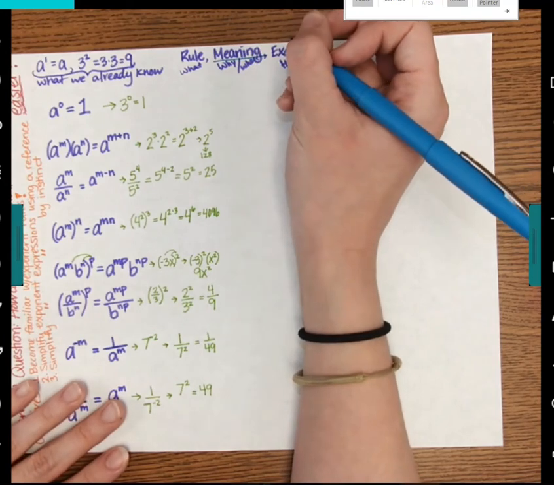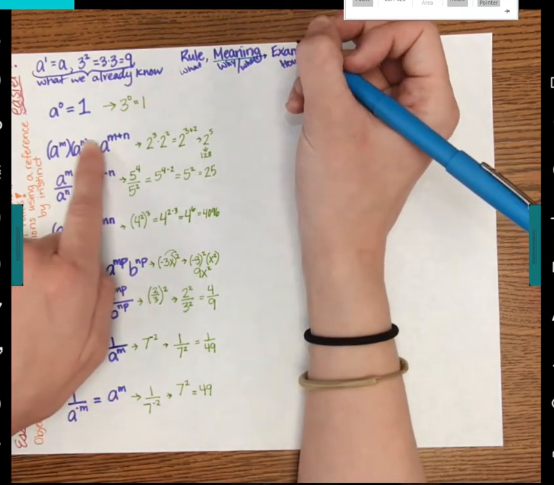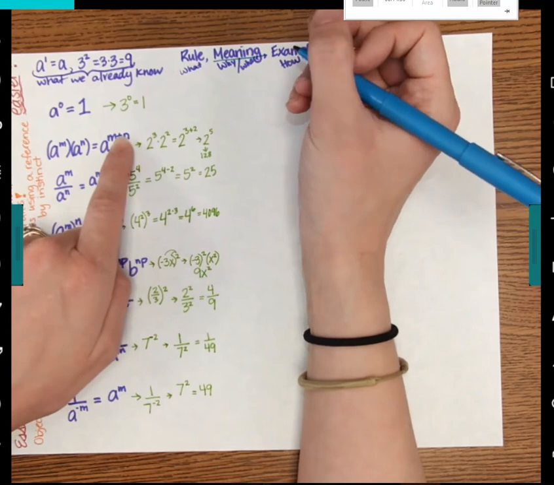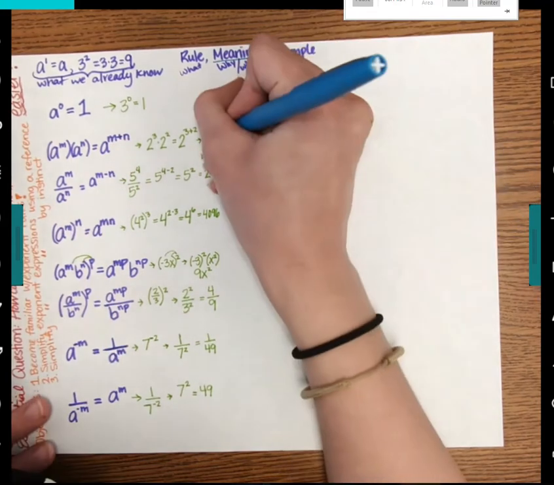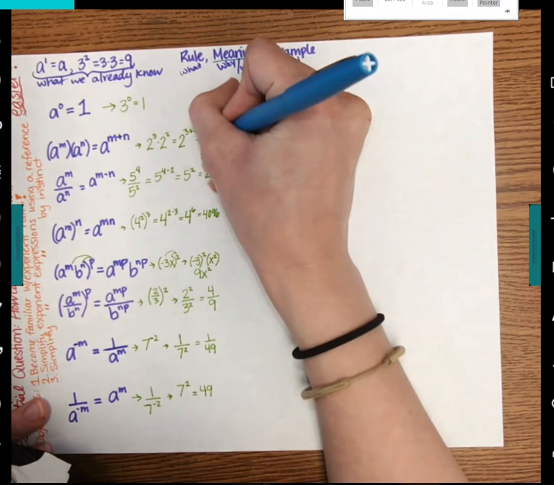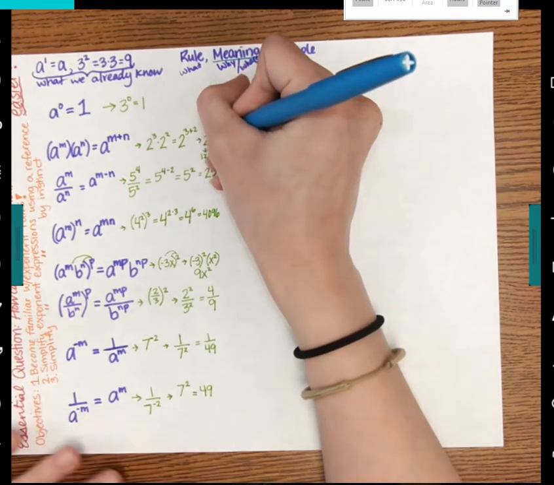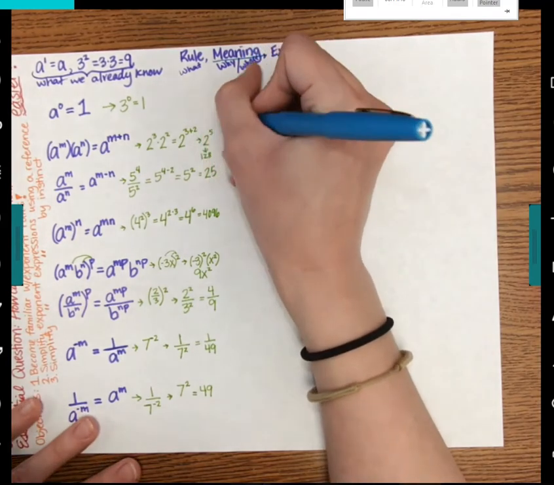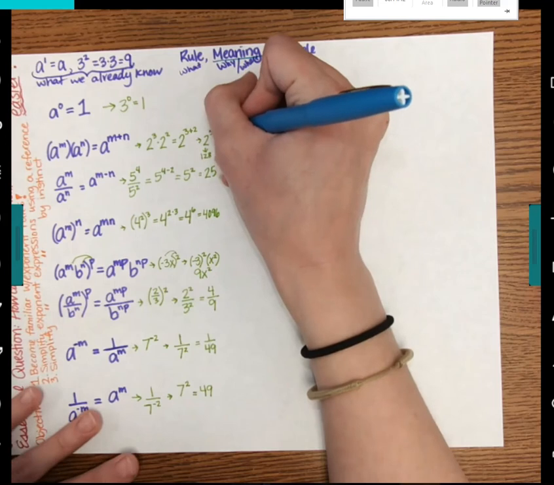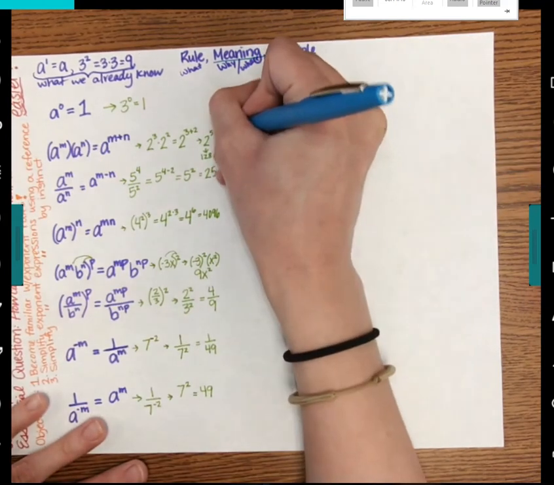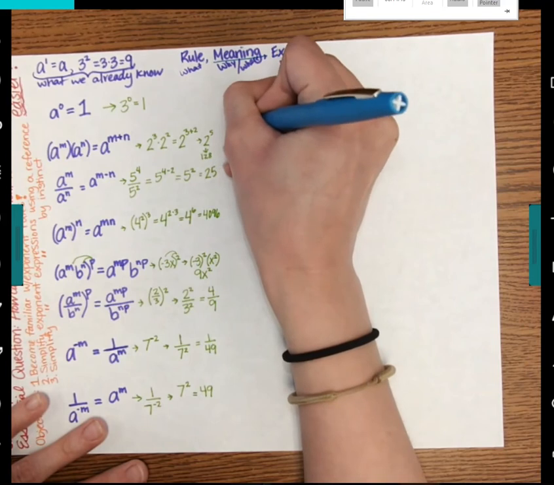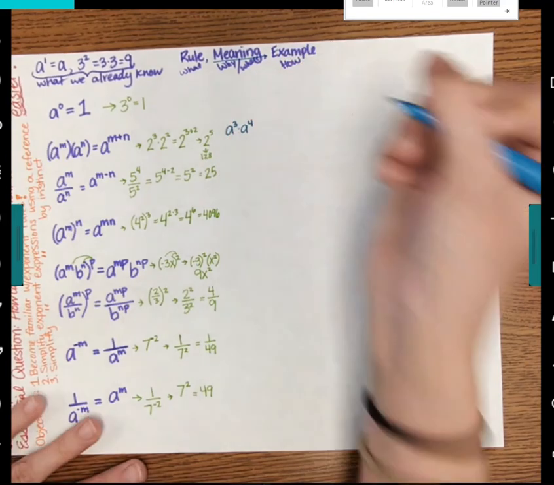I'm going to start here with this rule, because I think it's the basis for everything. I'll skip around just a little bit. I don't want to use too big of numbers because that can get really messy.